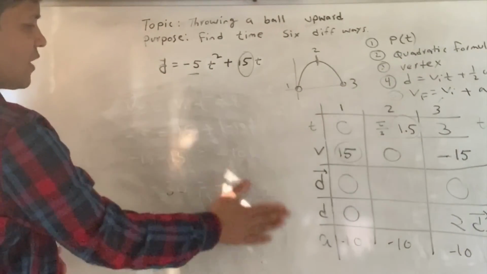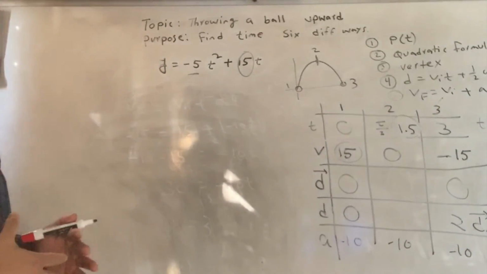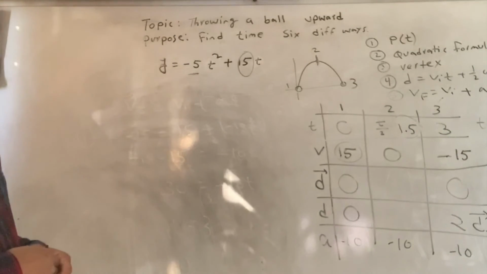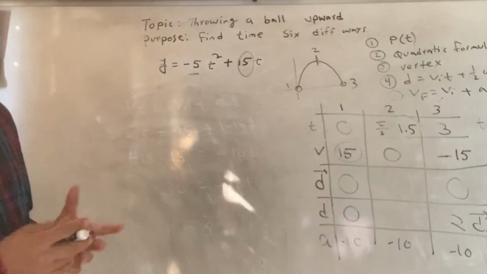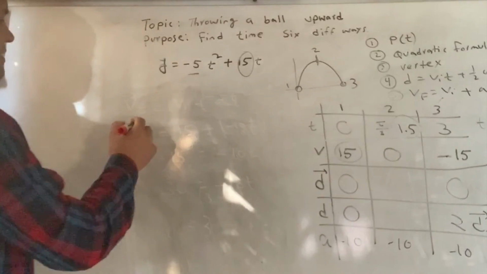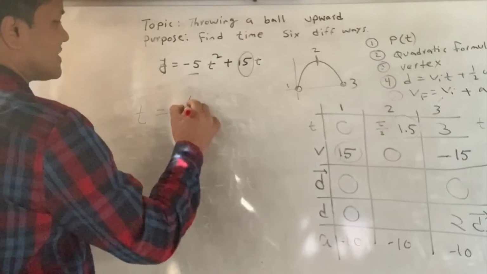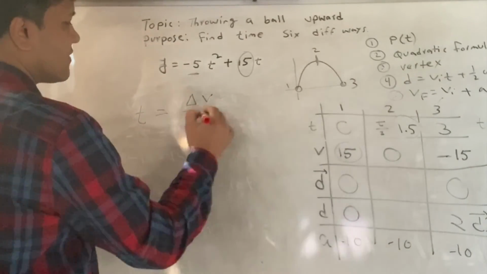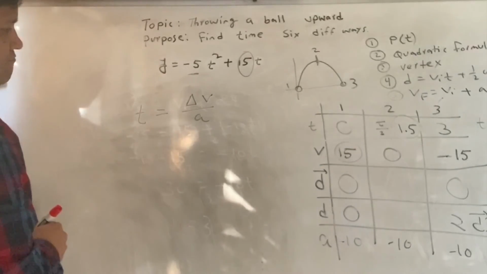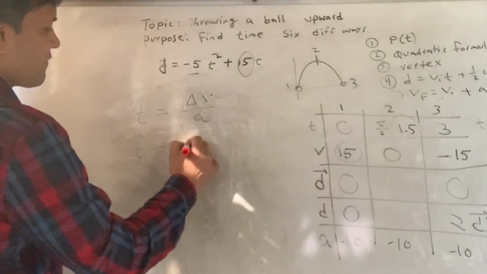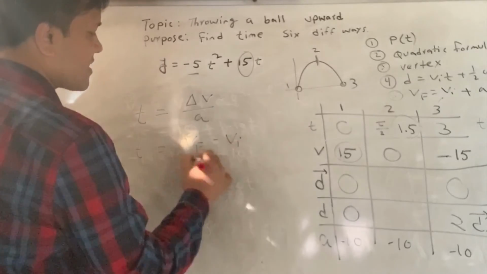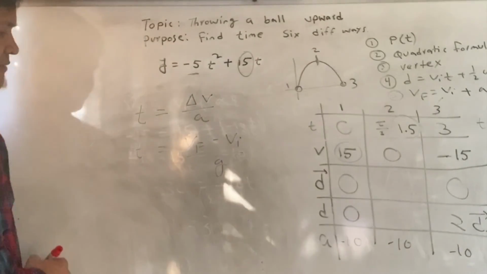Is there any other formula? Is there any other equation you can use? Yes, you can find the time as delta v over a. So the time is Vf minus Vi over the acceleration due to gravity.